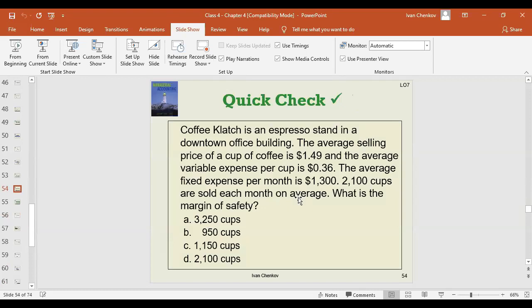Show me now, what's your margin of safety if you're selling 2,100 cups? How many cups was the break-even? Remember?